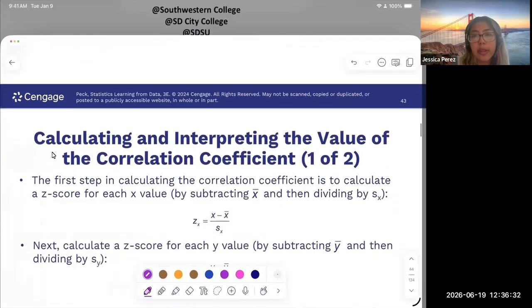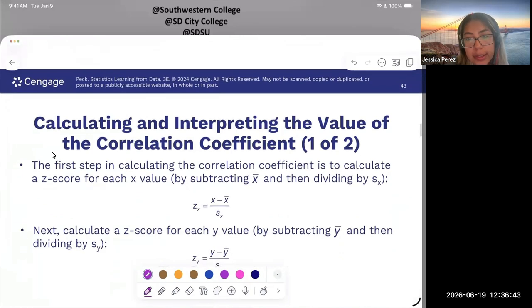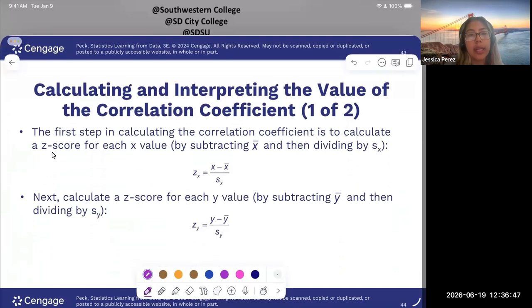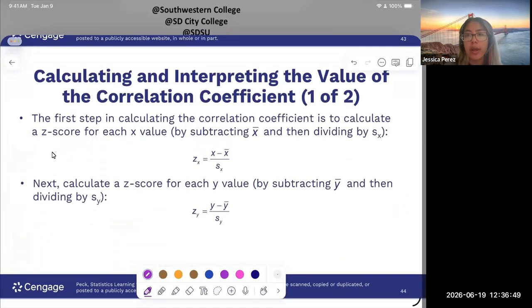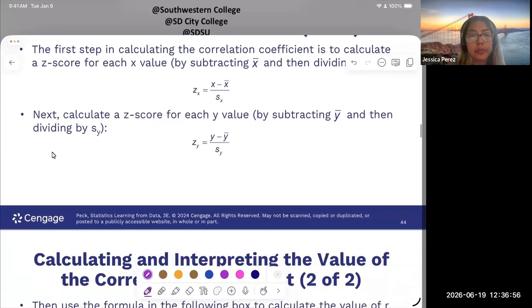The first step in calculating the correlation coefficient is to calculate a z-score for each value of x by subtracting x bar and then dividing by s of x. So x minus x bar over s of x is the z-score. Next, calculate the z-score for each of the y values. So we have to find a z-score for both x and y.